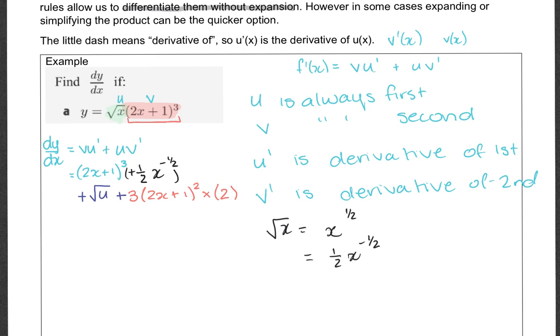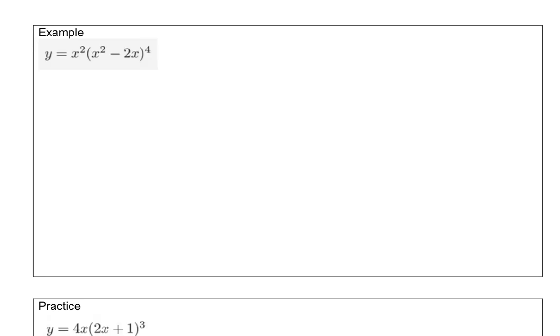And it's okay to leave the function like that. That's an okay answer. I encourage you to watch that example a couple of times until you get the hang of it.